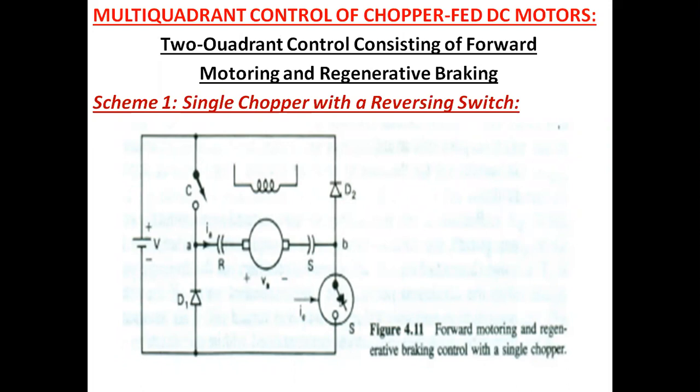So in the transient response, what is the advantage? It holds the current at the maximum permissible value, and second, in transient operations we get fast responses.